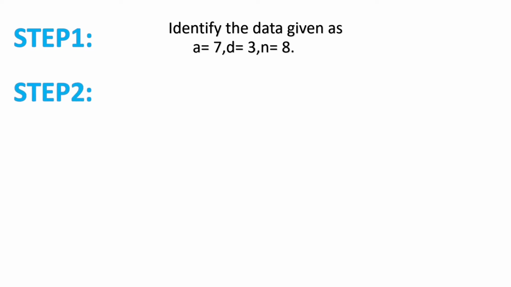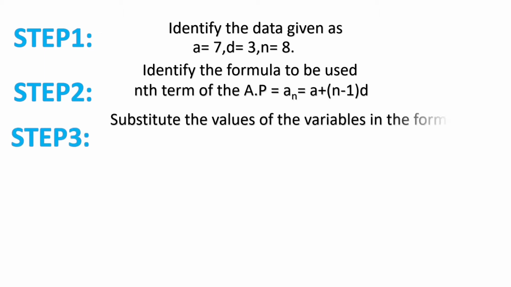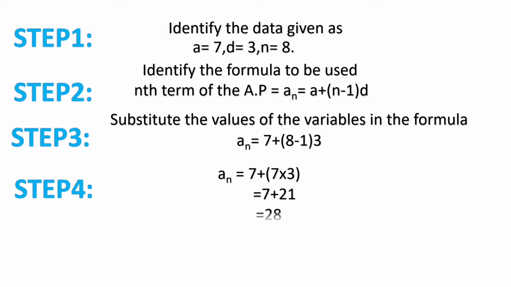Now, when you consider the first problem, we have the data A as 7, D as 3 and N is equal to 8. The second step is to identify the formula, that is the nth term formula, where you have to substitute the values of the variables that are given.